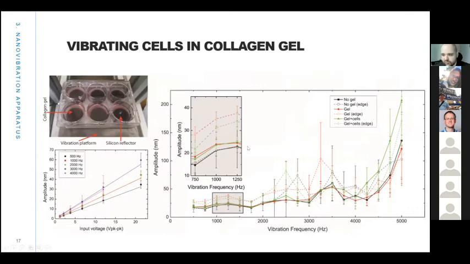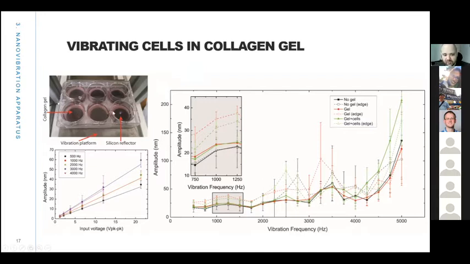We've also gone one step further and started looking at soft materials, because sometimes it's useful to grow cells in 3D hydrogels. So in these wells here are collagen gels, which we would grow cells suspended within.